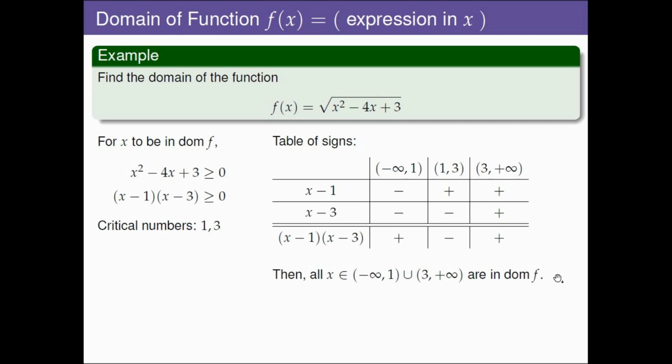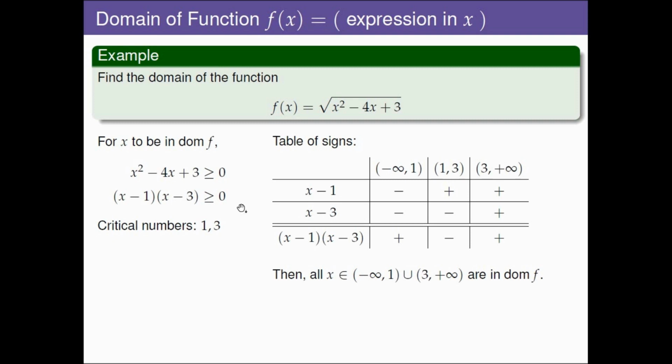But we are not yet finished because we have to check if the critical numbers satisfy this inequality. If we substitute x equals 1 here, then the left-hand side is 0. And it is true that 0 is greater than or equal to 0.